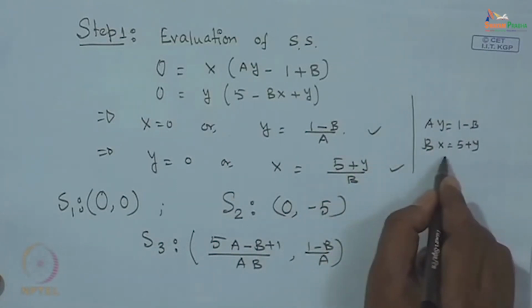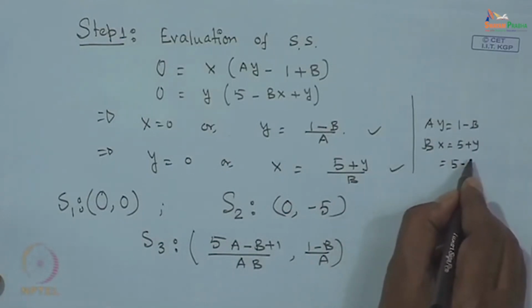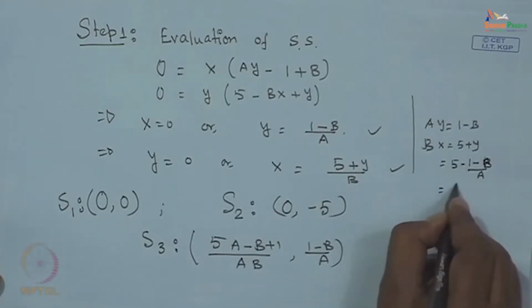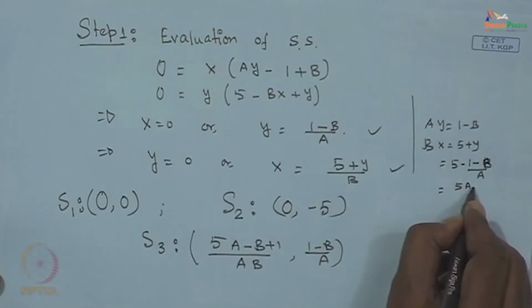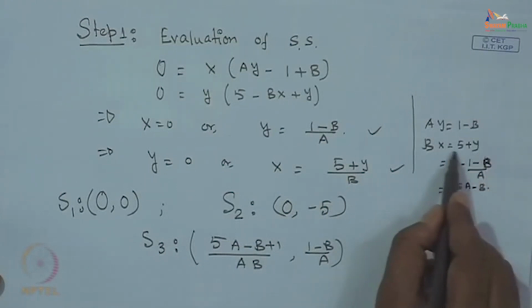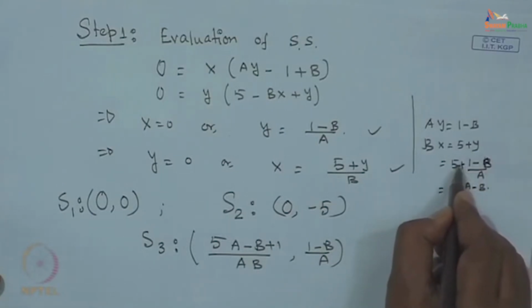So, if you put the value of y there, bx will be 5 plus y, where y is (1 - b)/a.